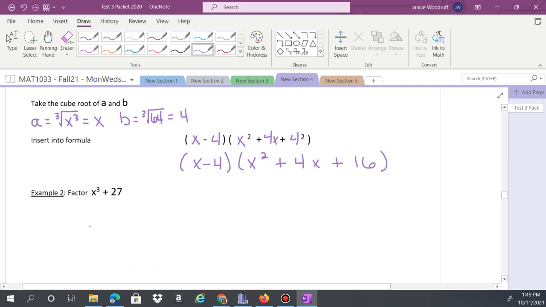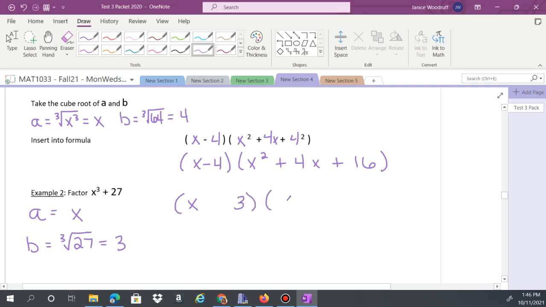So let's look at x cubed plus 27. So we find a. It's going to be the cube root of x cubed, which is x. B, cube root of 27. What's the cube root of 27? 3. Okay, so we go a and b, and I'm going to put the signs in at the end.